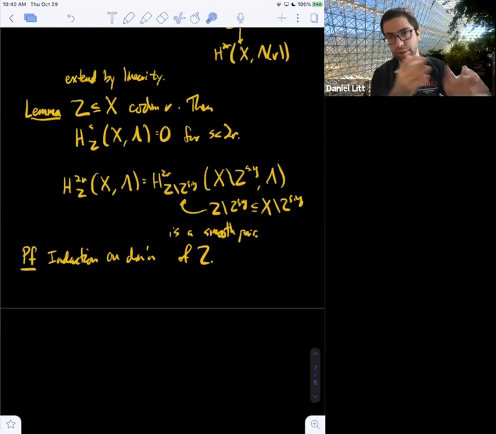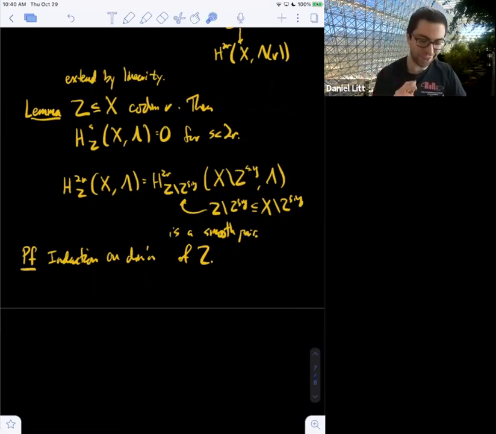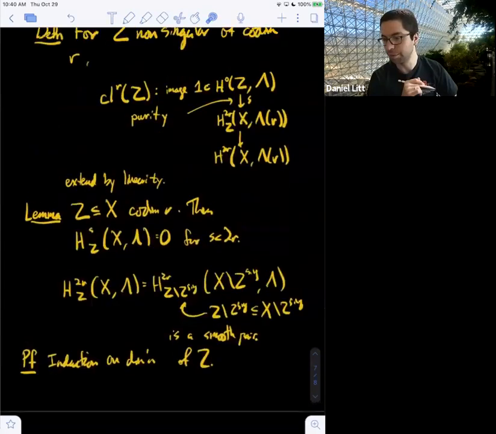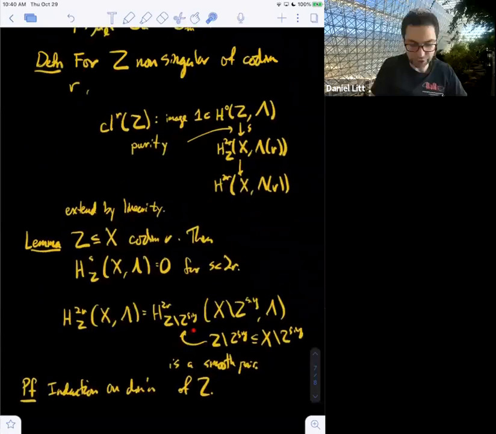And I don't want to get into it, but there's another long exact sequence involving cohomology with supports, which we'll never use again in this course, and it would take another 40 minutes or something. And then here you actually have a smooth pair once you delete the singular locus of Z. So now you can just use purity.